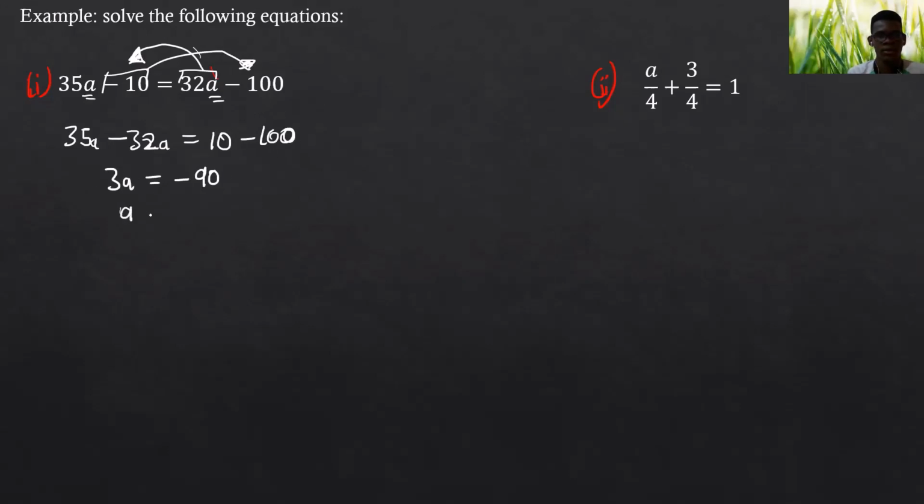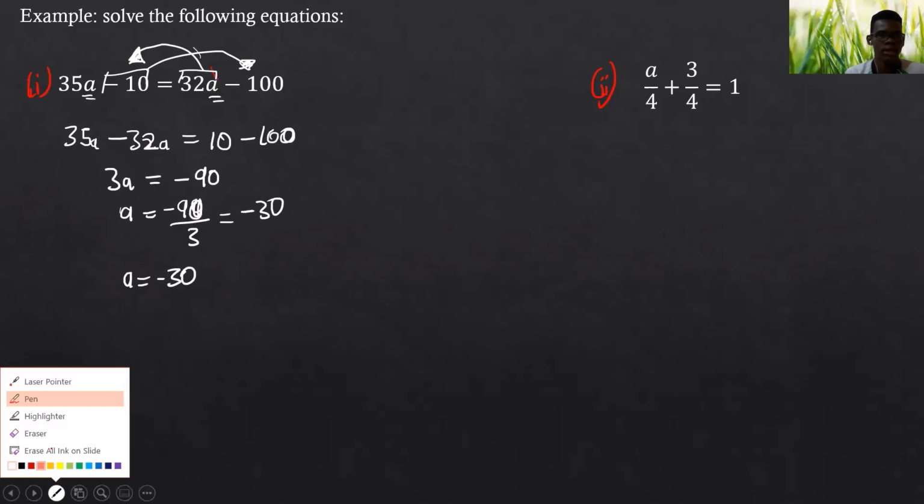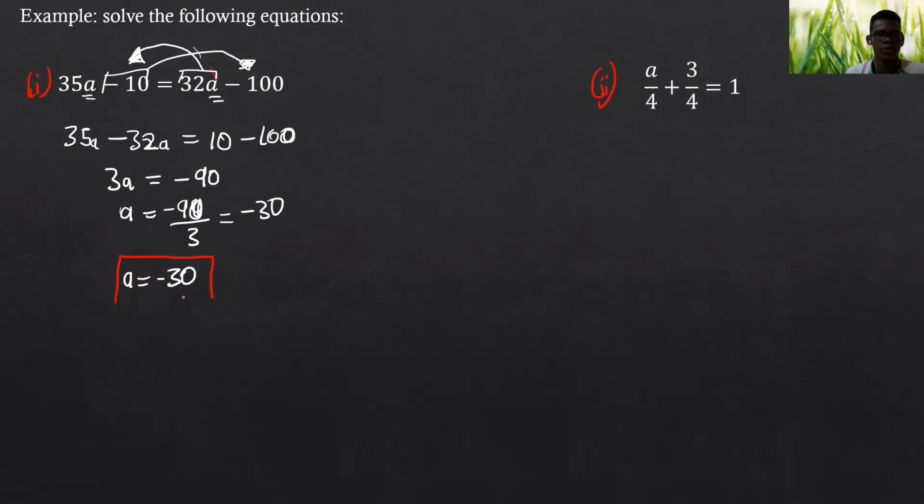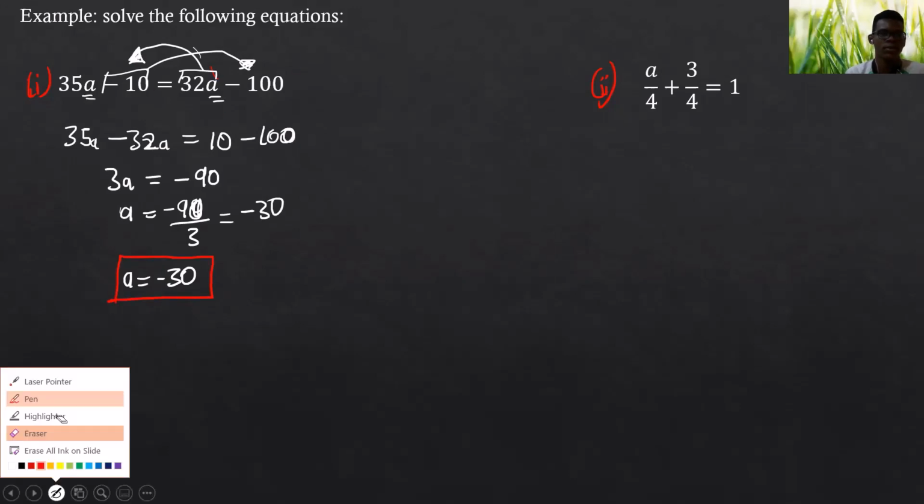And again, we're going to carry across this 3. It's multiplying. When it goes across, it'll be dividing. So we end up with negative 30, which means a is equal to negative 30. And again, what does that mean? It means that a is the solution for the unknown that satisfies this equation.